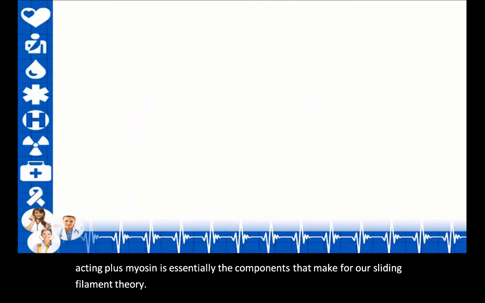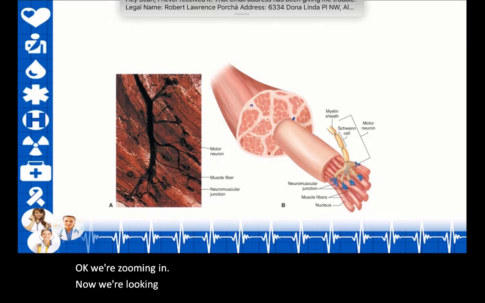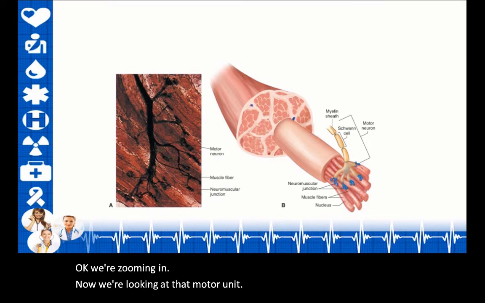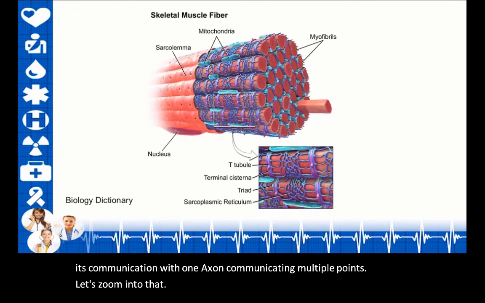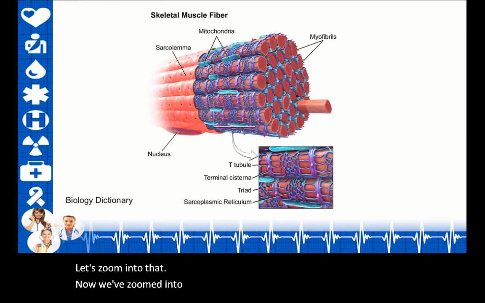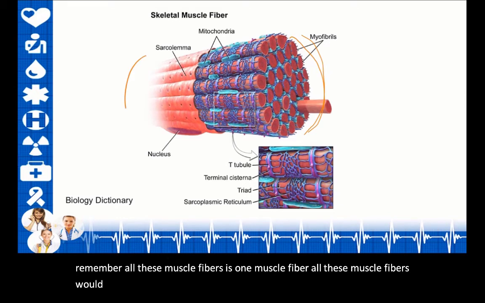Okay, we're zooming in. Now we're looking at that motor unit. Let's zoom into that. Now we've zoomed into the level of an individual muscle fiber. So remember, this is one muscle fiber, all these muscle fibers would then come together to create fascicles.